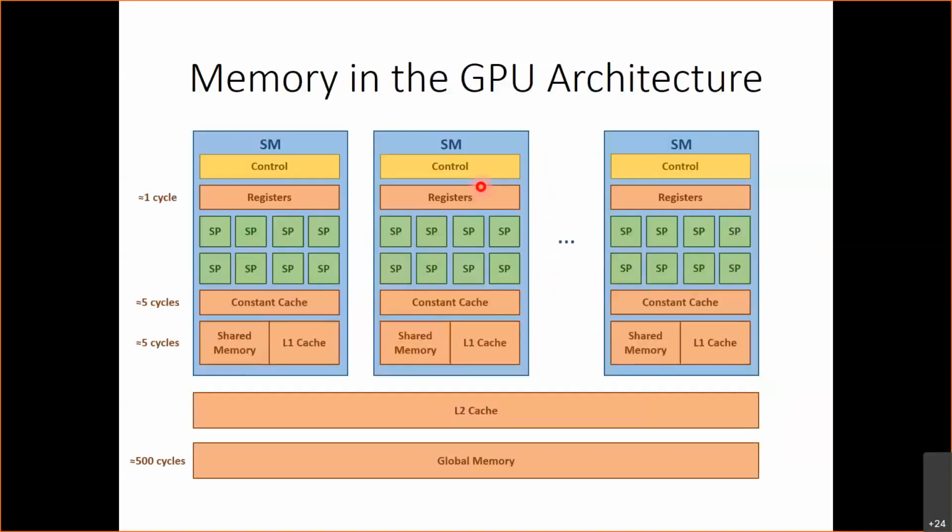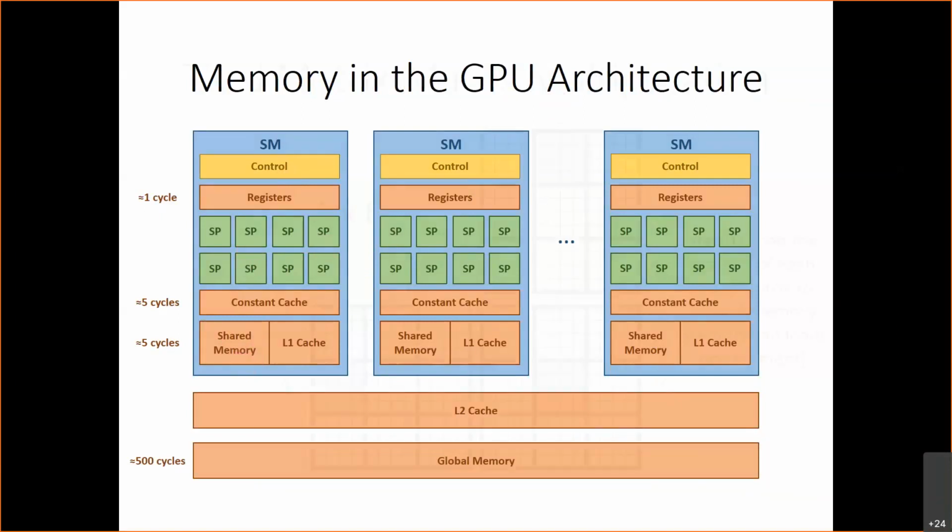Next, we looked at memory in the GPU architecture, and we saw how threads on the same cores on the same SM have access to shared memory. And we saw how we could use this shared memory in order for us to place data that we plan to reuse.